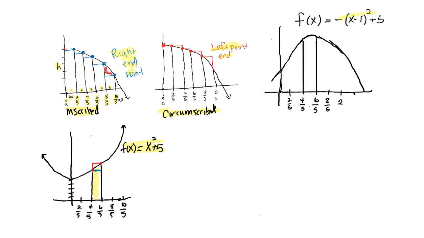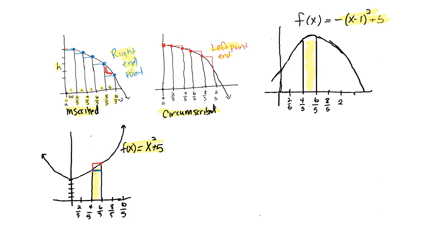I want to take it a little bit further on this other picture over here. I've got negative x minus 1 squared plus 5. This just shifts our first parabola to the right 1 unit. If we look at this rectangle right here, you can see that in order to get the circumscribed rectangle, we would not use an endpoint.